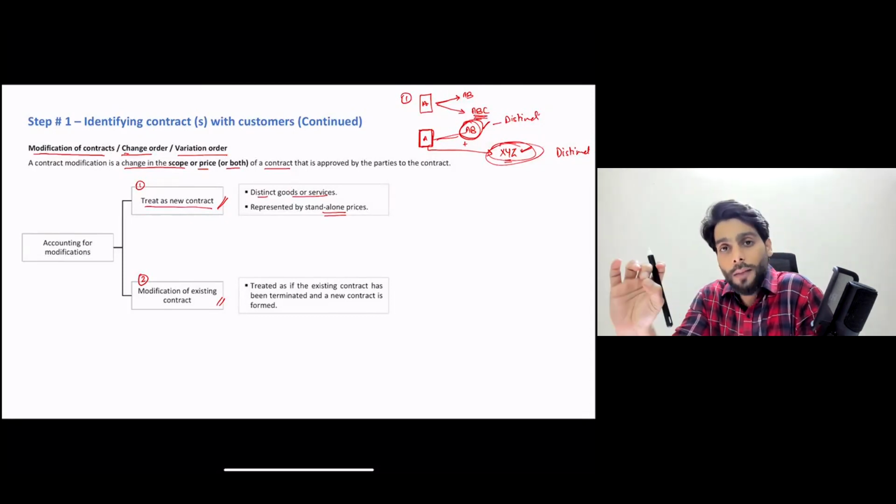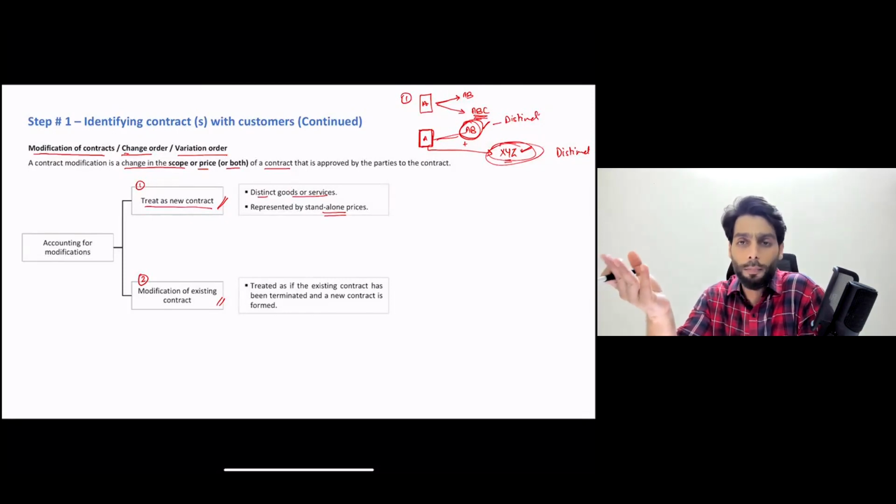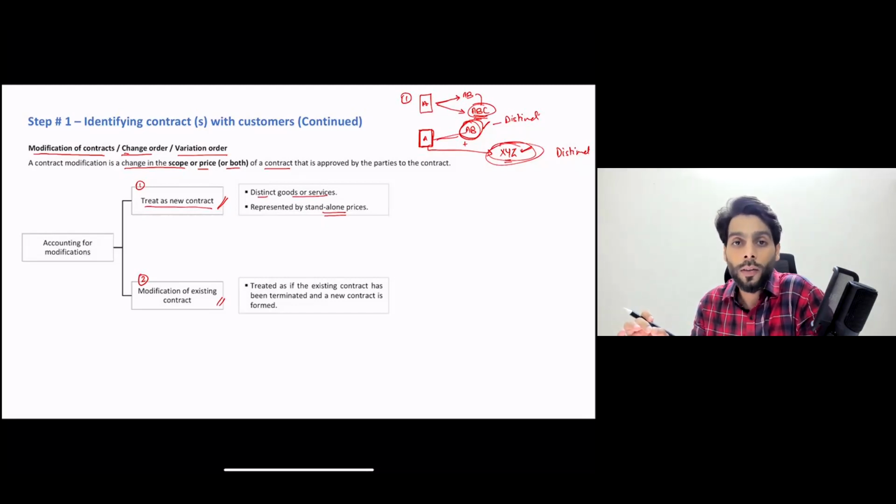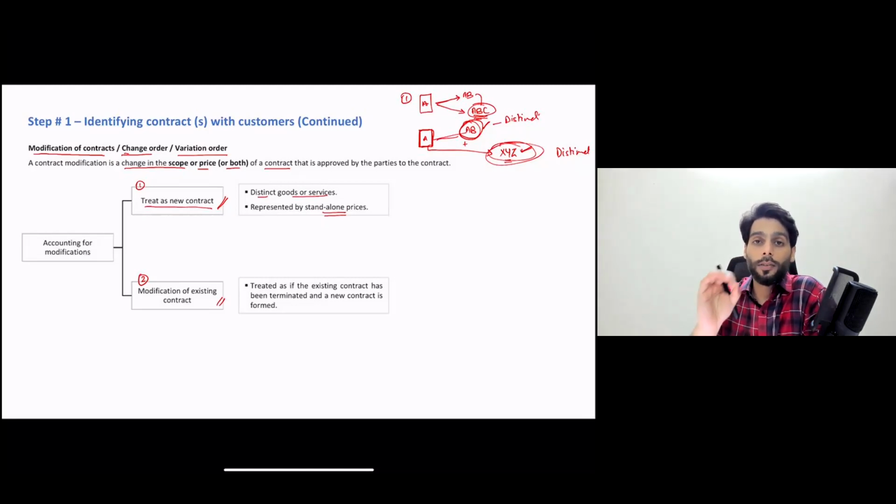Now it is the same thing but a premium version. Obviously there will be some price compensation, but it is the same type of thing that is being offered. It is not a distinct good or service. It is the same thing with more premium quality. So you do not treat it as a separate contract, rather you treat your existing contract with modification.